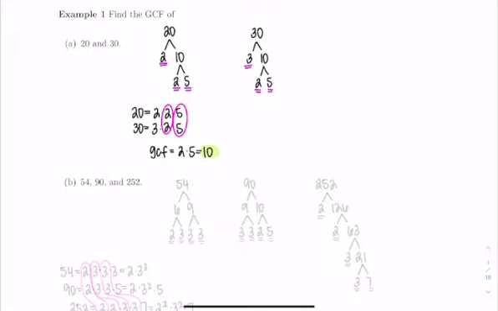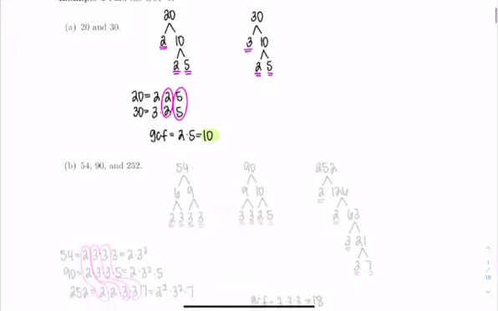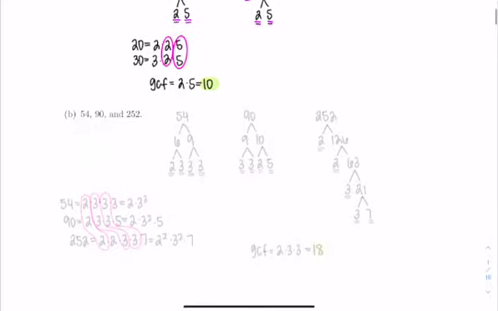Let's try another one with 3 numbers. So let's break down 54. Well, 54 is 6 and 9, and 6 can be broken down into 2 and 3, and 9 is 3 and 3, and all of those are prime.